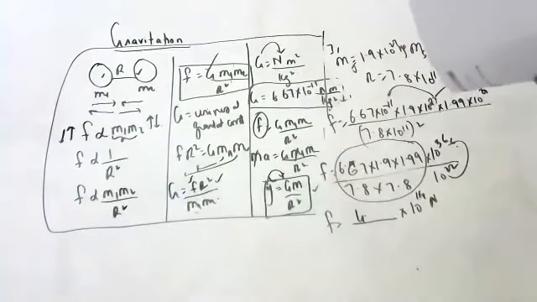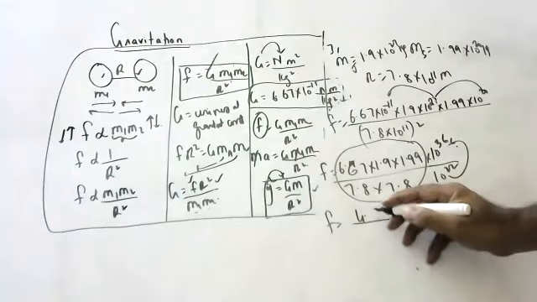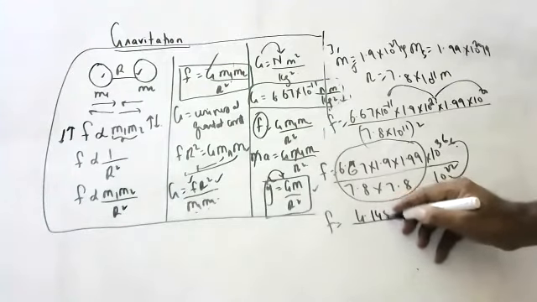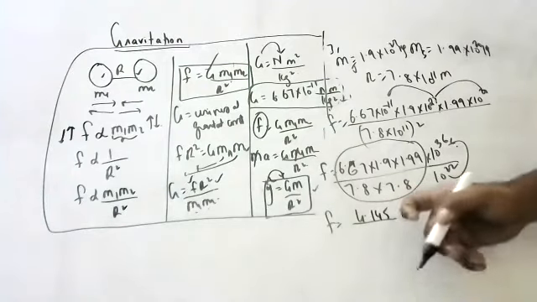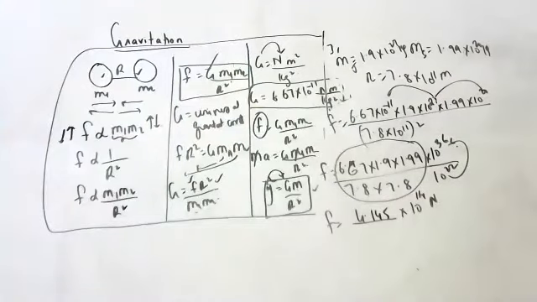Okay, they took wrong, children, no problem. That is their mistake. So this is 4.145 into 10 to the power of 14 Newton is the force of attraction between Jupiter and Sun, children.